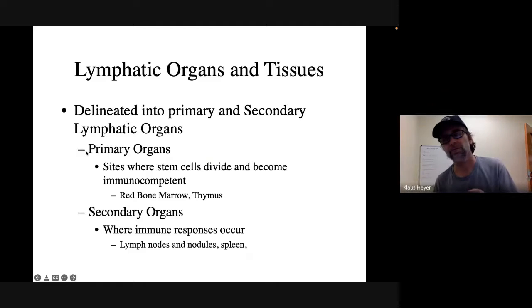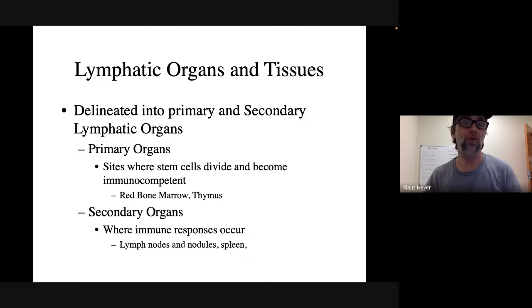That's where those lymphocytes become what we call immunocompetent. By immunocompetent, I mean B cells and T cells. There are different kinds of T cells, but we'll get to that. B cells and T cells are going to be two important players when we start talking about immunity.